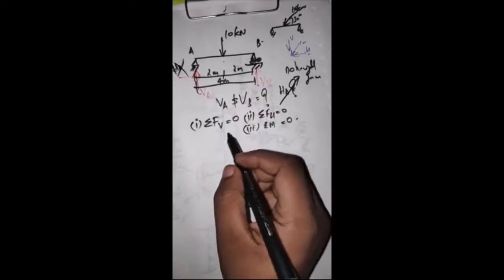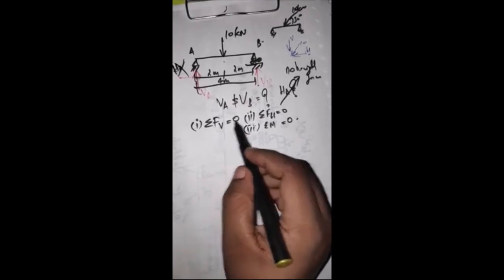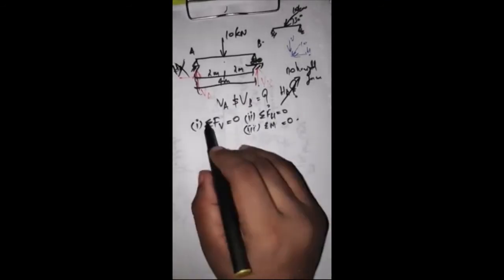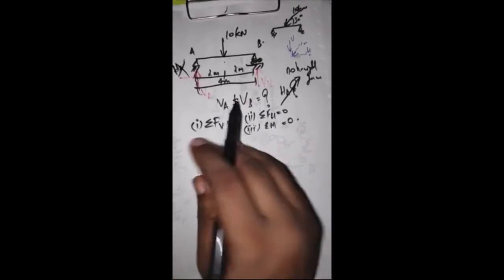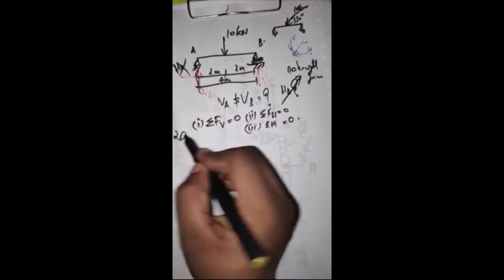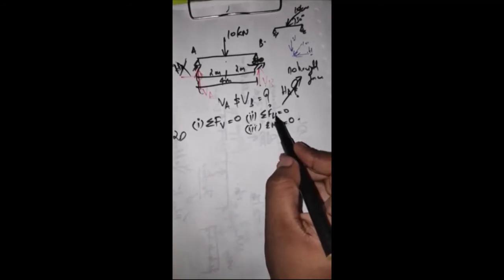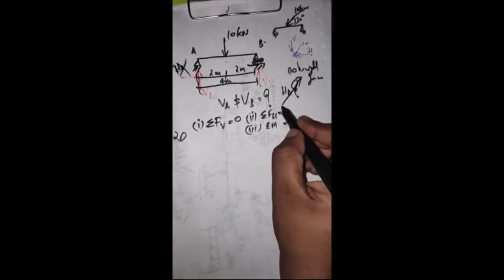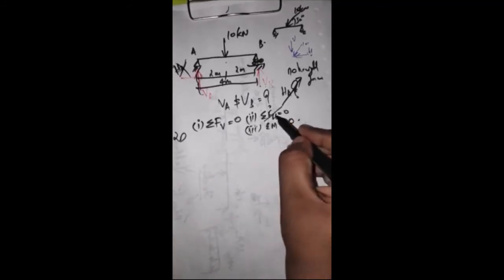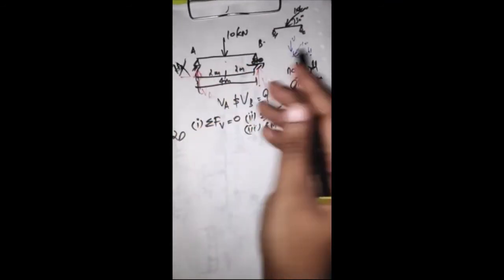Now let us take this example. Three equilibrium equations are there in the general case, but here we are having only a vertical force. There is no horizontal force. Therefore, this equilibrium equation cannot be taken, because in this whole structure there is no horizontal force.